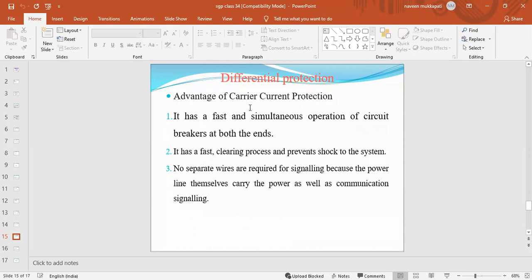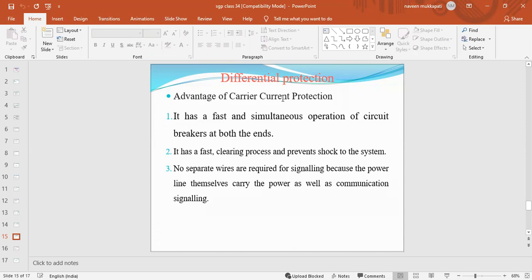Therefore no separate pilot wires are required, because the power lines themselves carry the power as well as the communication signals. Therefore we do not require any pilot wires in the case of carrier current protection. Why?